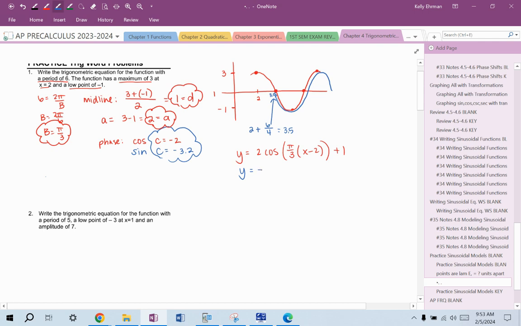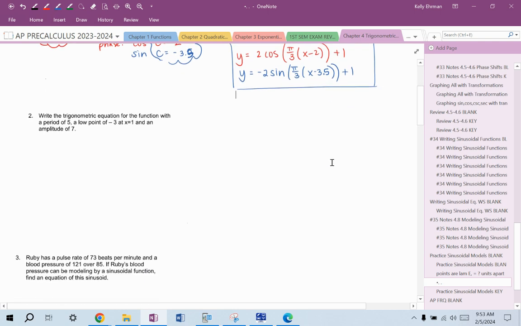It opens down, so it's -2. Sine of pi over 3, same period, x minus 3.5. Sorry, x minus 3.5. I wrote that down wrong over there. Midline is the same. So remember, when you're doing these, sine or cosine, midline's the same, b is the same, amplitude can change only by a negative, and it's the c value that's completely different.